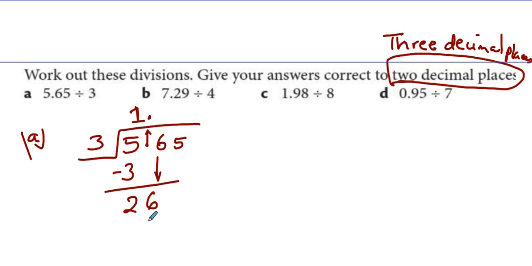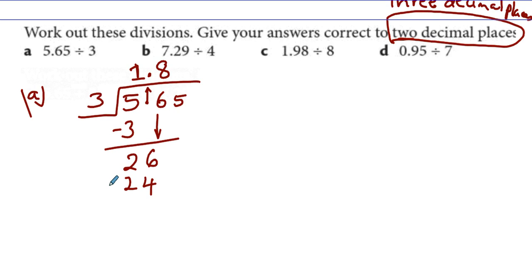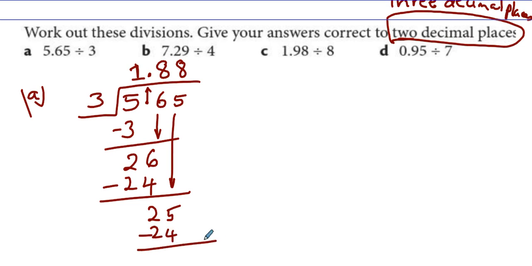Now 26 divided by 3, this will be 8. 8 times 3 is 24. And when you subtract, you are getting 2. 2 divided by 3 is not possible, so you have to drop 5 here. 25 divided by 3, this is 8 again. 8 times 3 is 24. Subtract that.